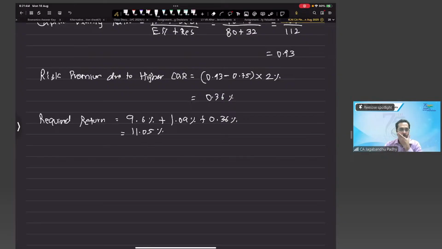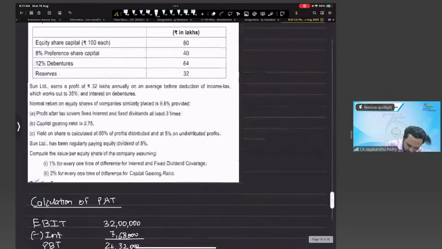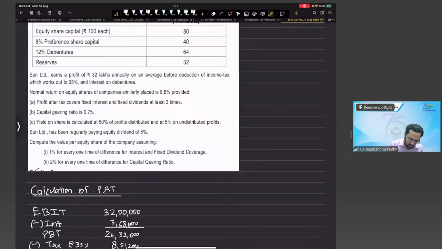Now, with the required return, I need to get the yield or income on equity shares. They're saying that income on equity shares, or yield on equity shares, is calculated as 50% of profits distributed and 5% of undistributed profits.